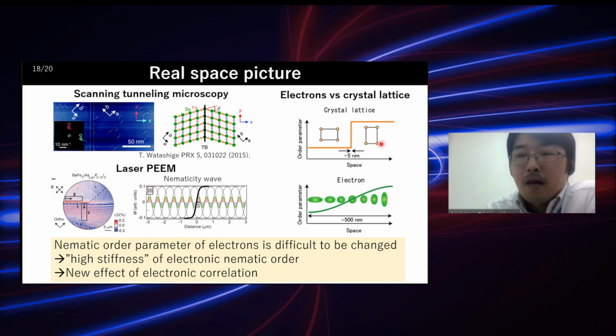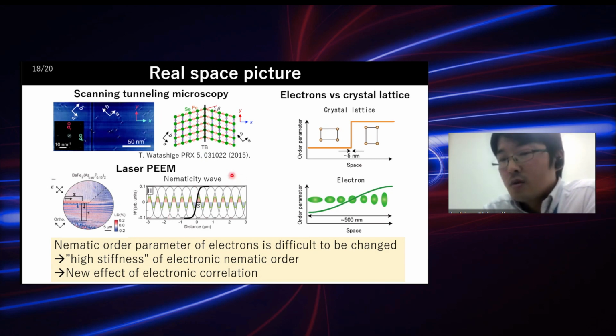But in contrast, in electron systems, we now observe very long scale domain walls. So the order parameter has very long scales for the electrons. So the nematic order parameter of electrons is difficult to change.